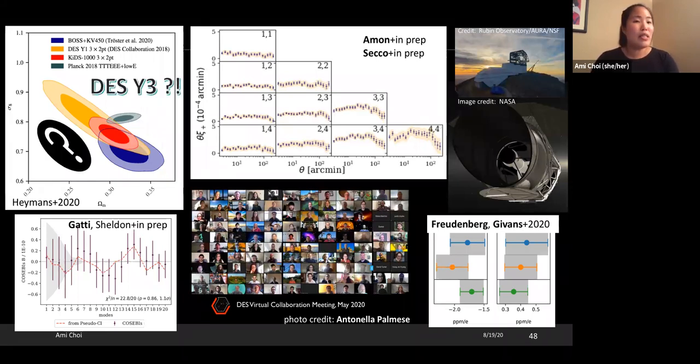And the last comment is that DES Y3 will not be the 2.0 version of Y1 because we've vastly refined our methods for systematics control. And combined with 100 million galaxies, I think we're in for some excitement.